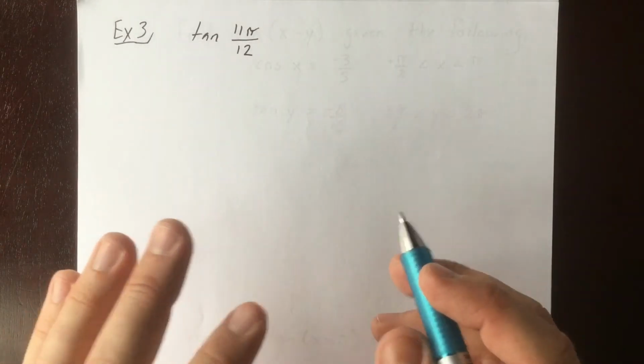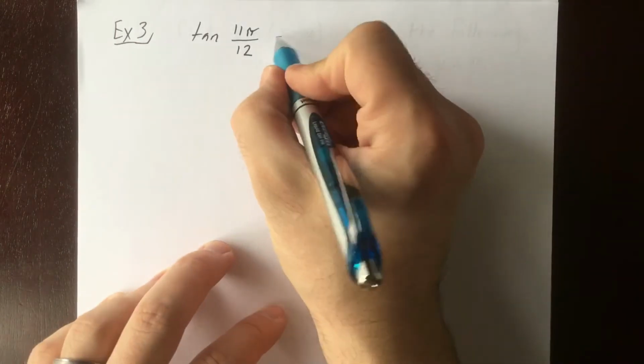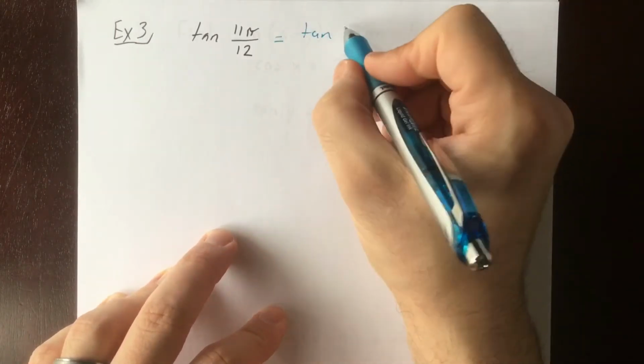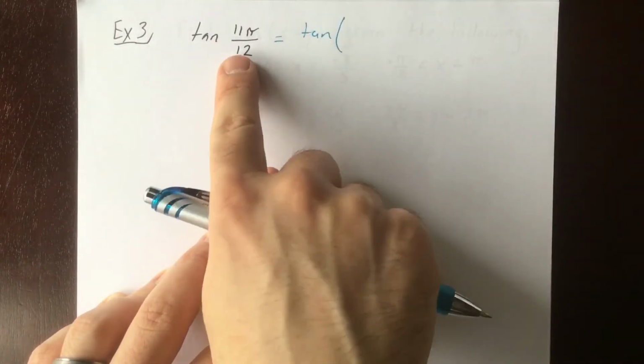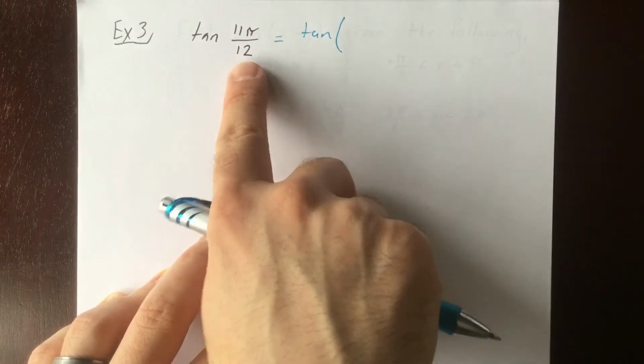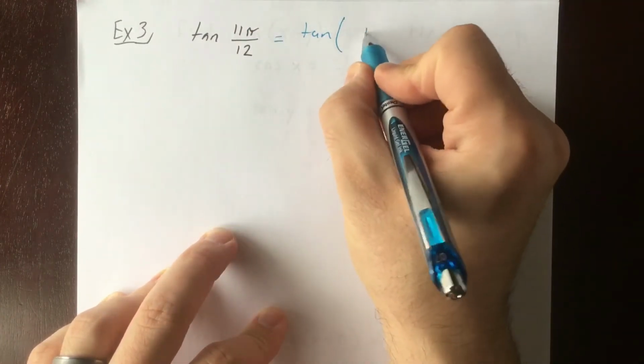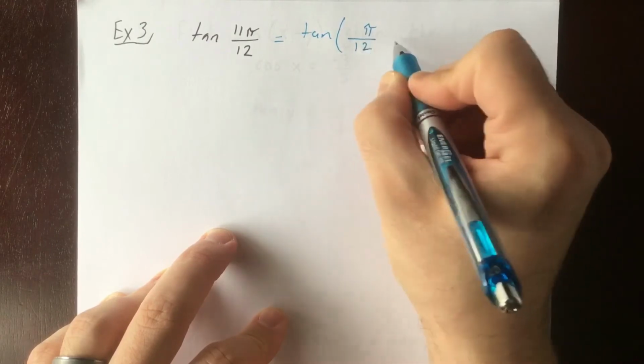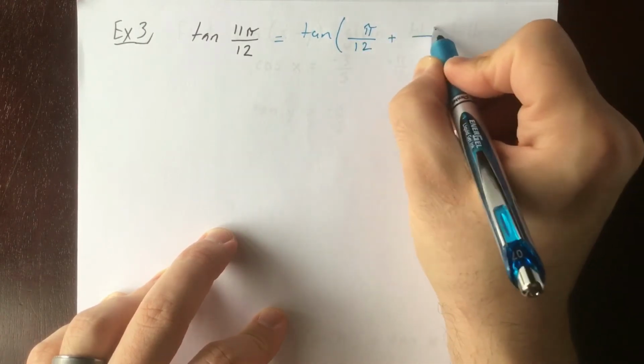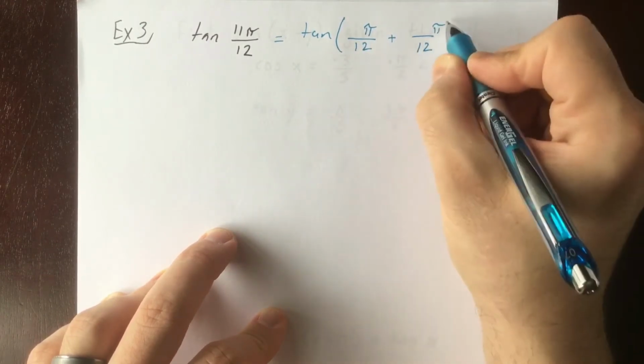What if we had tangent of 11 pi over 12? I need to think of this 11 pi over 12 in terms of tangent of, I could think of a difference, but it's going to be easier to think of this as a sum. So some angle out of 12 plus some other angle out of 12.